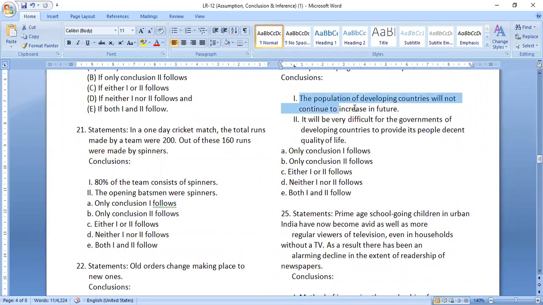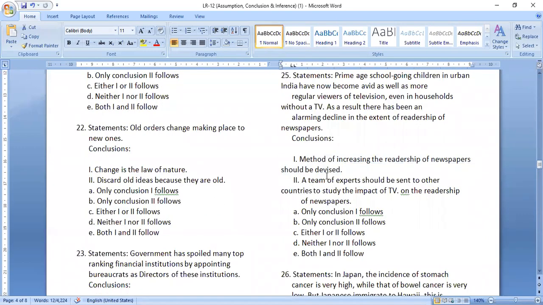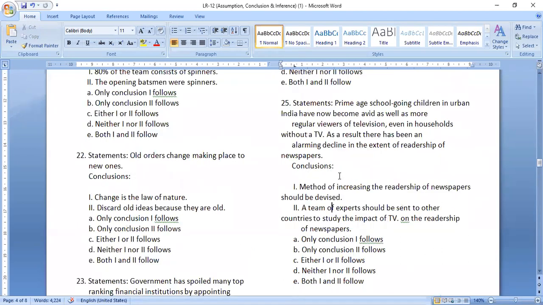See, that's the conclusion. I suppose you could treat a course of action to be a conclusion. So that therefore, the method of increasing readership of newspapers should be devised. Is that the problem here? Okay, suppose you were to treat this as an article, and a conclusion could be a course of action too.